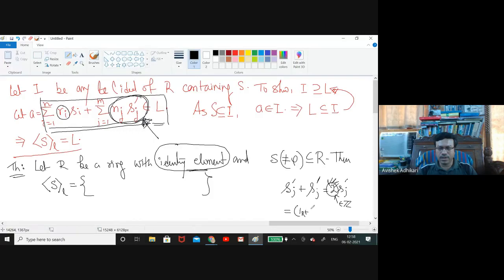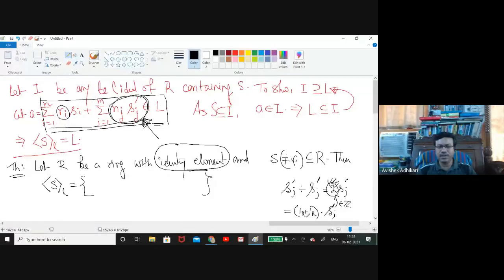So you can write it like this, right? So this is your 2 i r dash. That means this part you don't require. As a result, you can write like summation i equal to 1 to n R i S i. And this part you can take care with the help of this R i and 1 R.